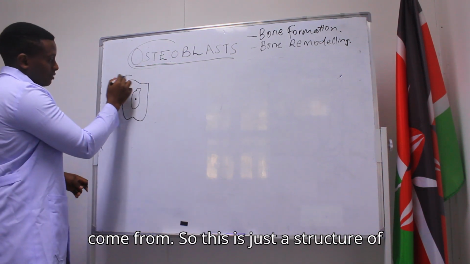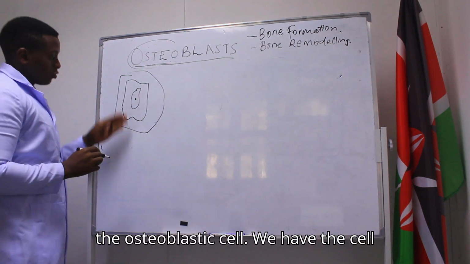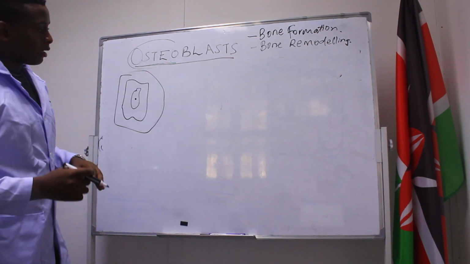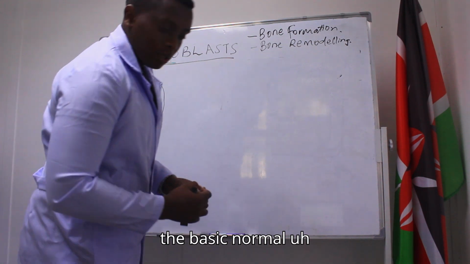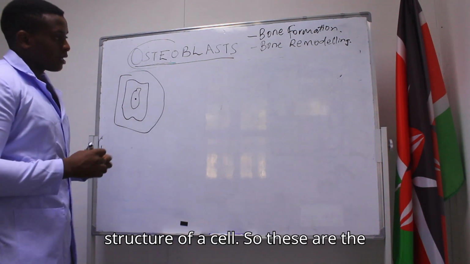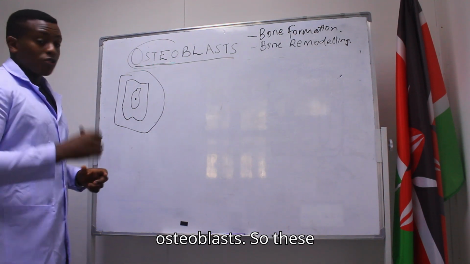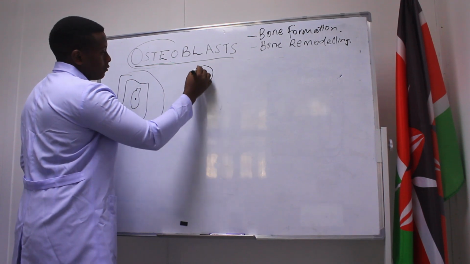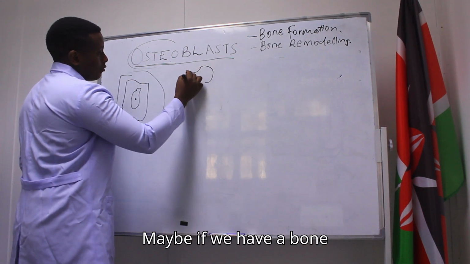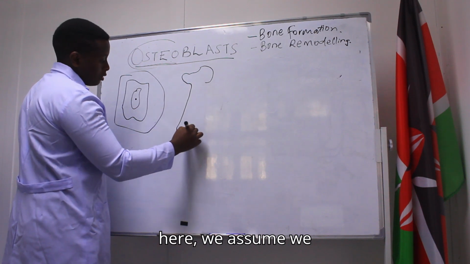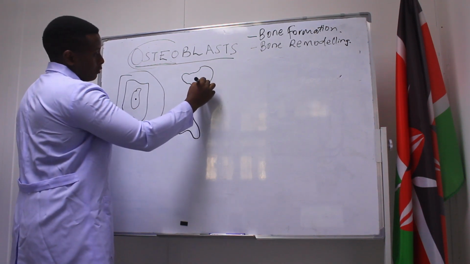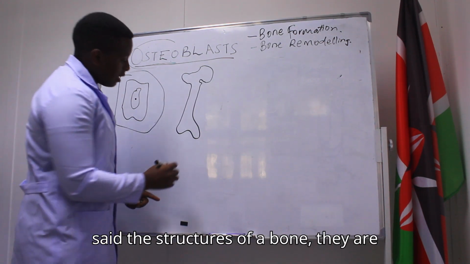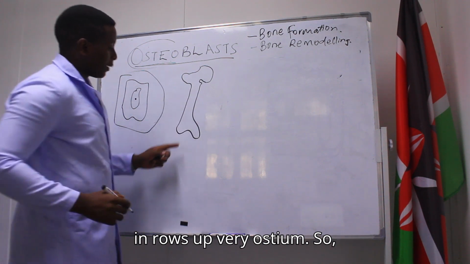This is just a structure of the osteoblastic cell. We have the cell wall, you see all the basic, normal structure of a cell. So if we assume we have a bone here, the structures of a bone involve a periosteum.